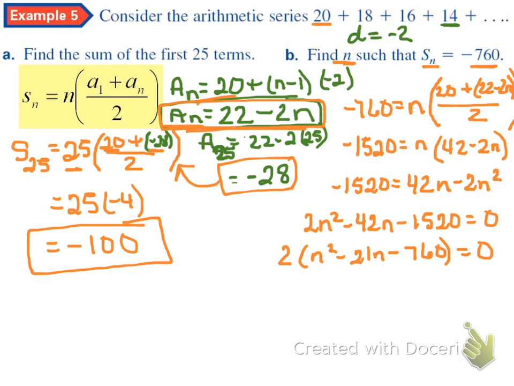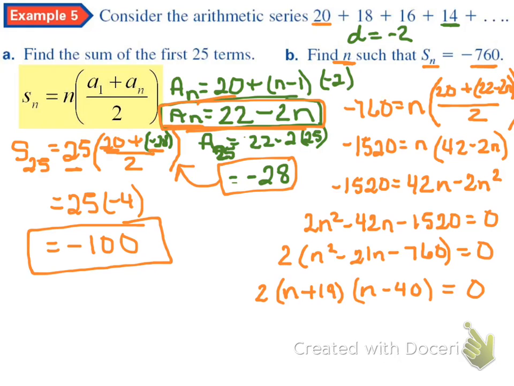You would want to use AC factoring. Don't want to review AC factoring right now, but if you don't remember how to AC factor, you can talk to me in class. I'll help review that with you. This trinomial is going to factor into two binomials. I'm just going to go ahead and give you the answer. This would factor into n plus 19 times n minus 40.